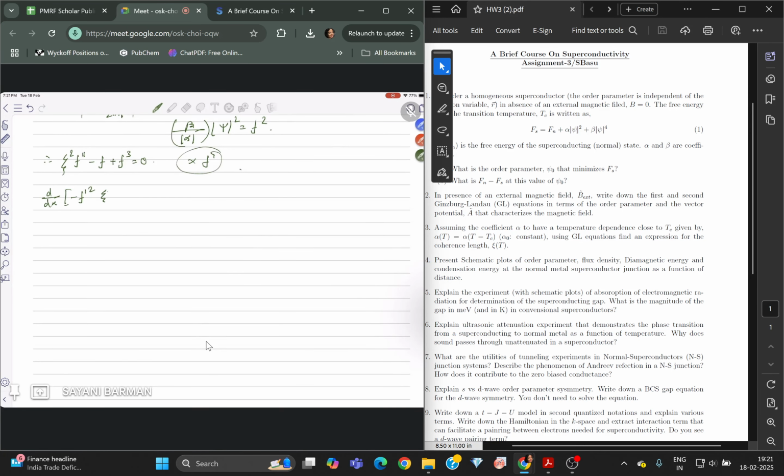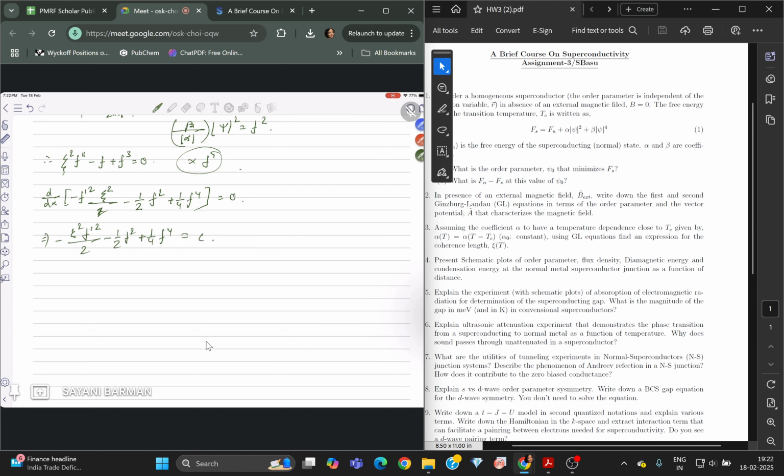Now it would be x plus, equals to 0. Then this would be C. C is any constant you can take.